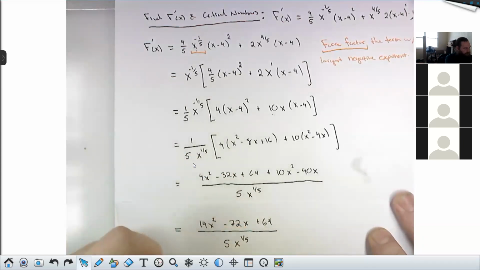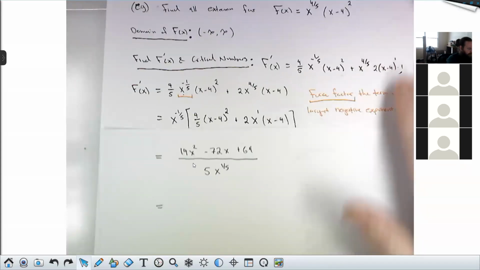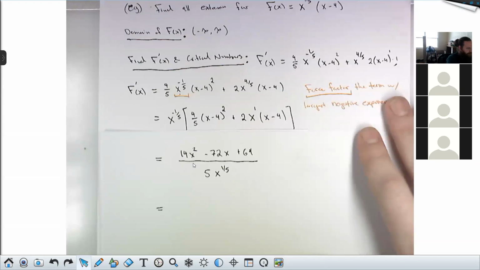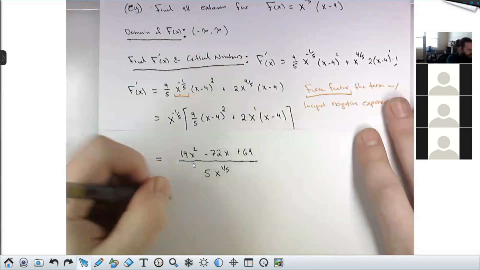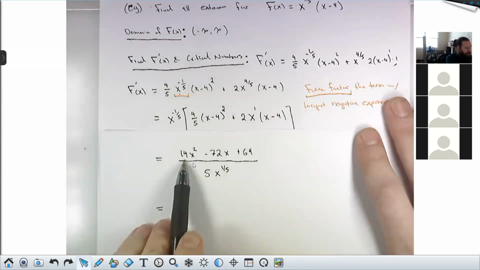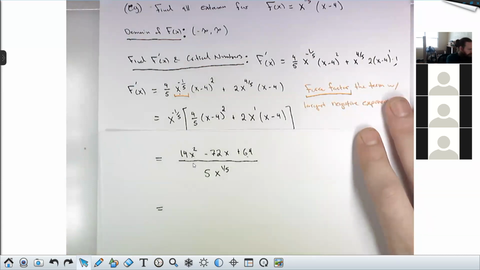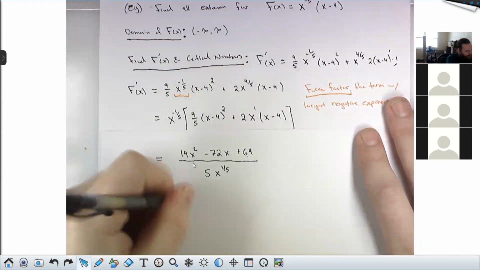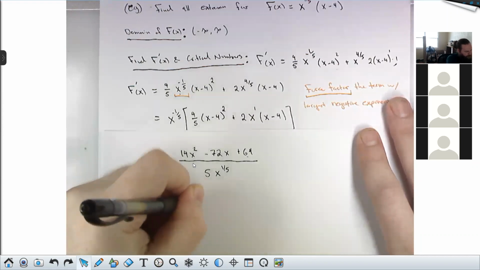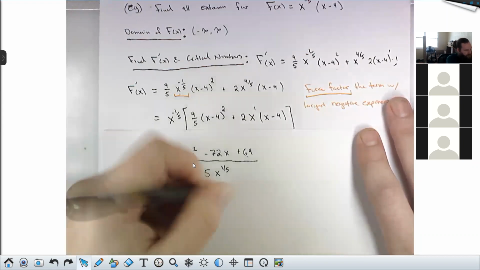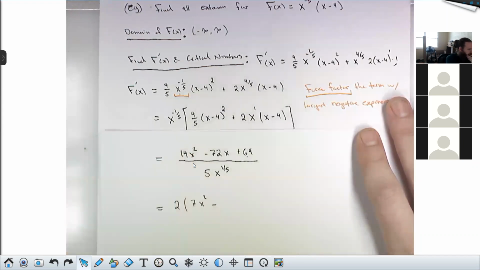I need to factor the top in order to find where f prime is equal to 0. So I'm still just simplifying f prime. This is divisible by 2, this is divisible by 2, this is divisible by 2. I don't think there's anything larger I can pull out, so let me go ahead and just do that. That'll give me 2 times (7x squared minus 31x, is that right?